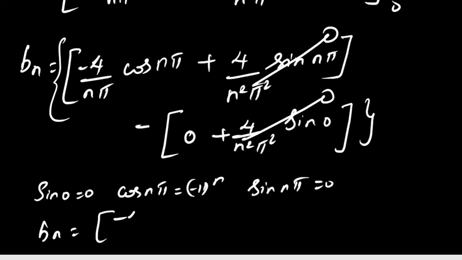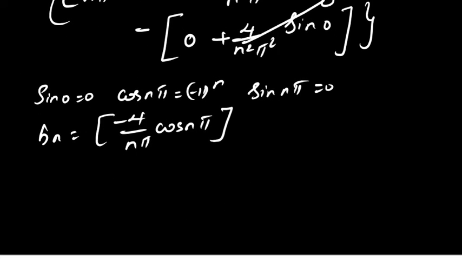So we are left with minus 4 by n pi cos n pi. This is the simplified form. And what is cos n pi? Minus 4 by n pi, minus 1 power n. So this is the value of Bn.